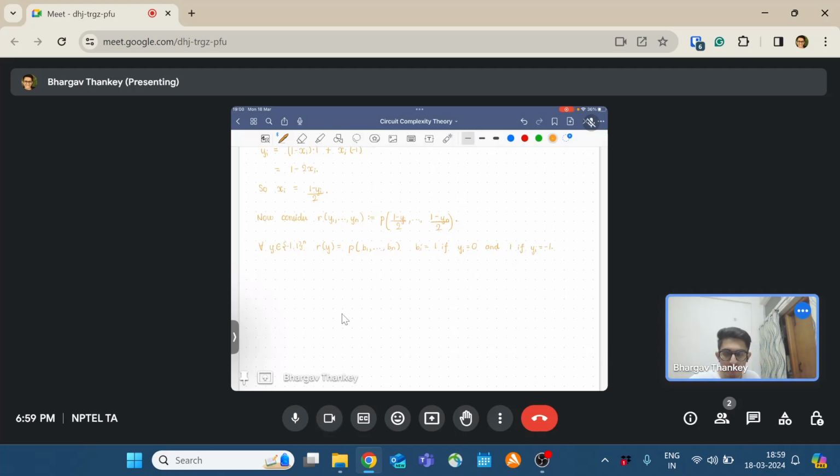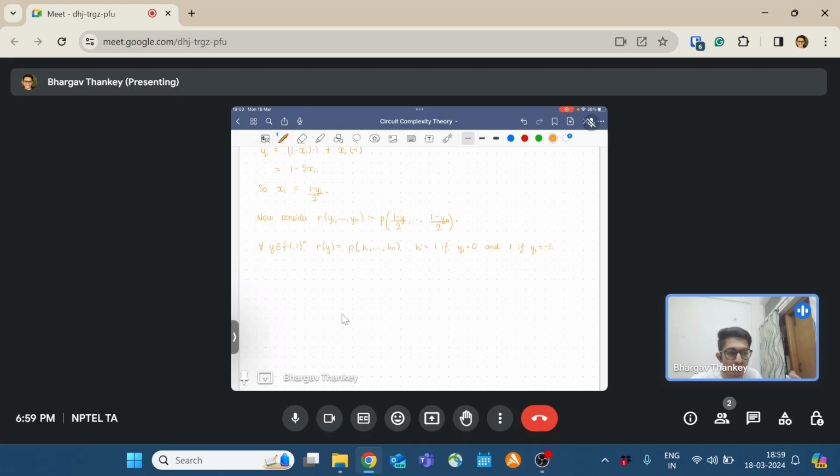R is making progress toward constructing Q, because now what we have done is we have taken an input in minus 1, 1 to the n, mapped it to an input in 0, 1 to the n, and the output of R at y is the value of P at the corresponding string, so it's in 0, 1.